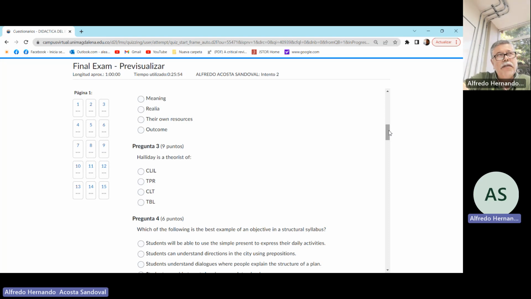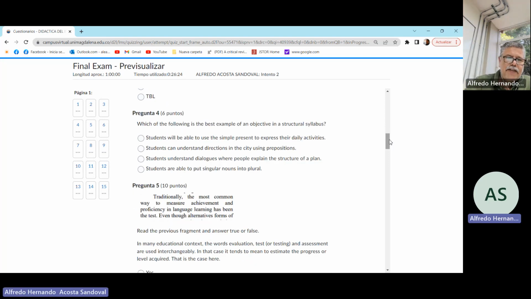According to recent research, we cannot develop a method based only on teachers, or somebody who speaks English, or only somebody who can teach English. We also need some theorists, and this is the case of Halliday. Halliday did what Fries did for audiolingualism, for example. Let's continue with the other one.